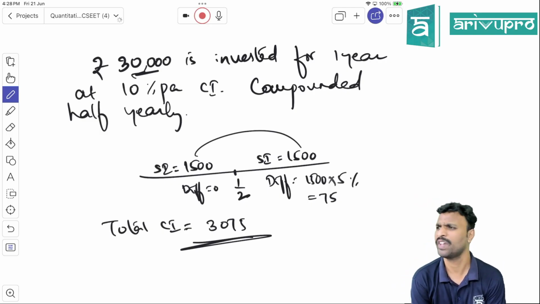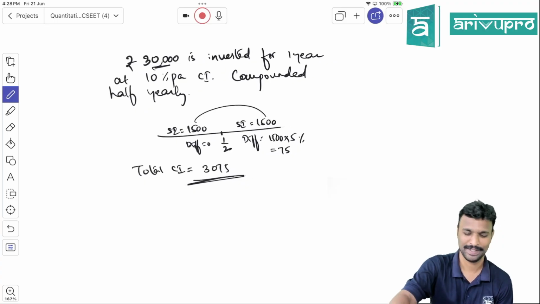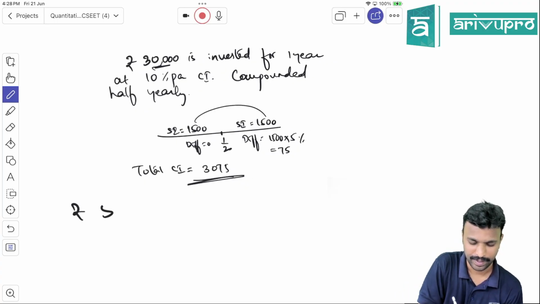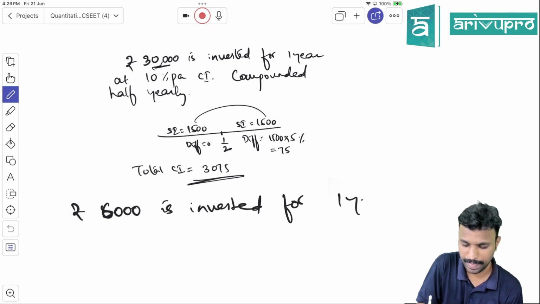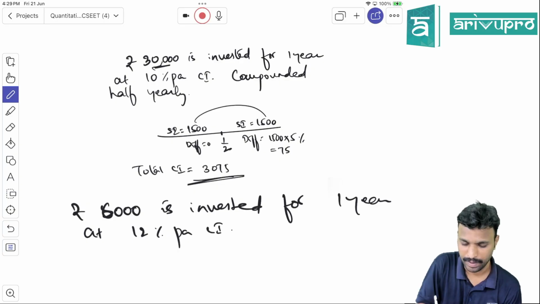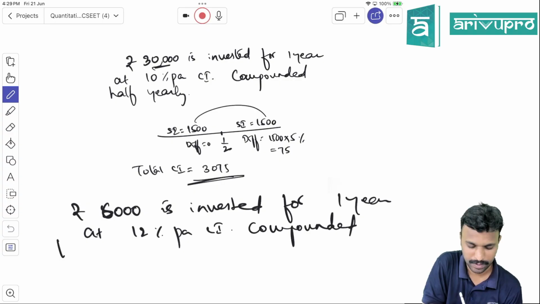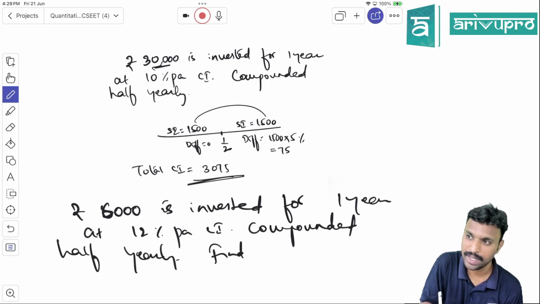One more you want to solve on half year compounding? Take one more. Rupees 60,000 is invested for 1 year at 12% per annum CI, compounded half yearly. Find the interest.